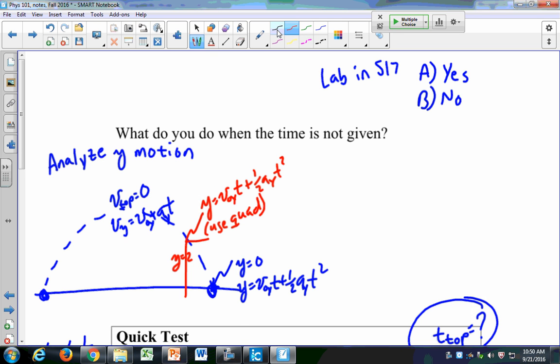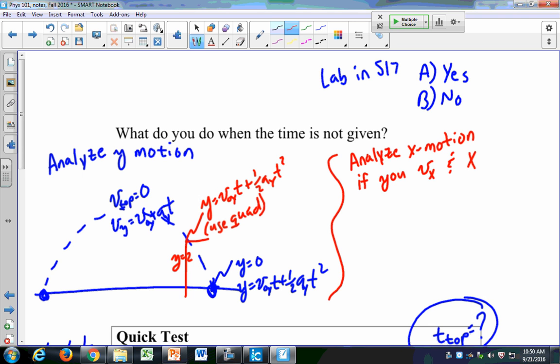Okay, another way that will come up occasionally is to analyze the x motion. And this is only if you have information about Vx and x. Because you remember that when an object travels a certain distance x between here and here, that value for x is equal to Vx times t.